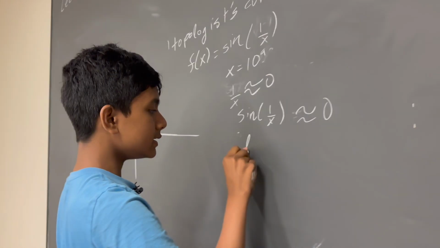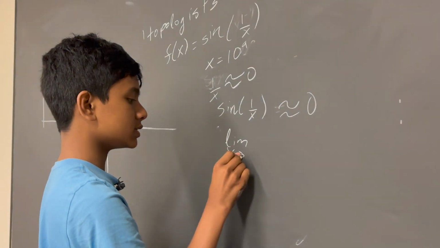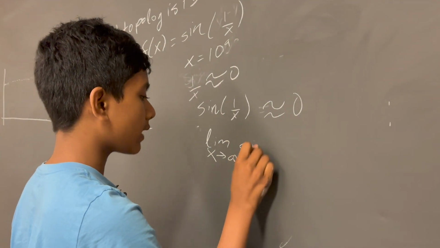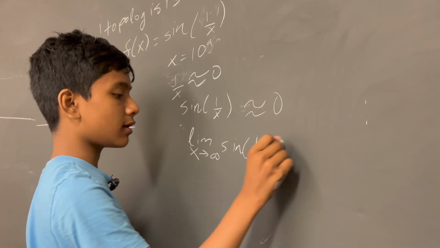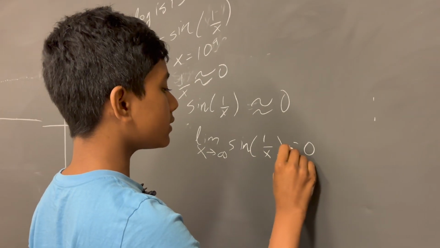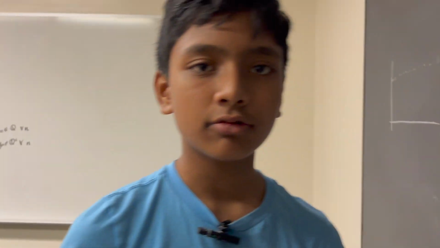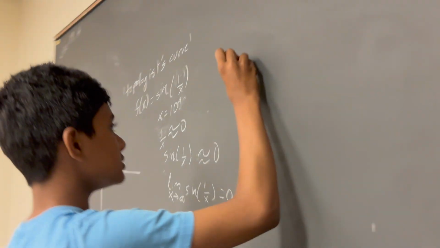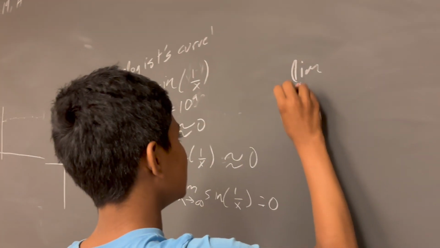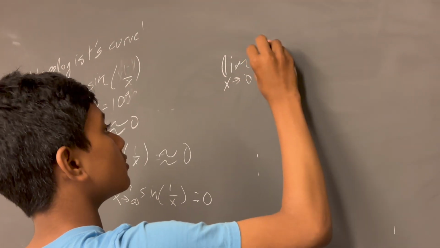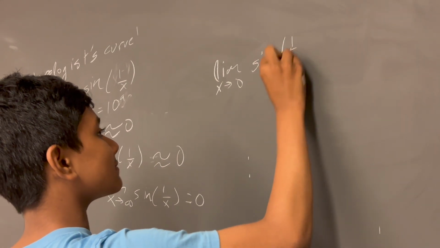So we at least know that the limit as x approaches infinity of sine 1 over x has to be equal to 0. Just a hunch, right? But now I'm going to ask you a critical question. What's the limit at 0? What's the limit as x approaches 0 of sine 1 over x?